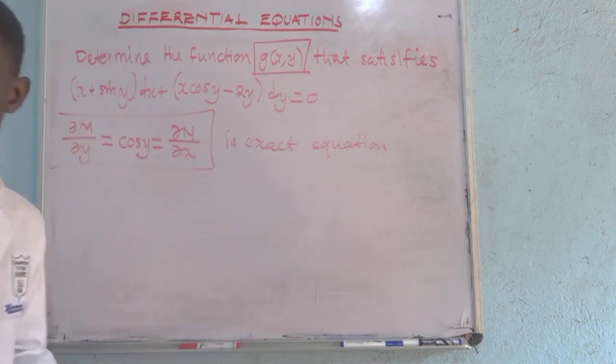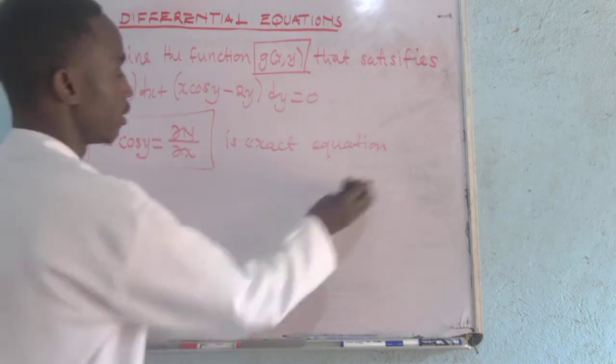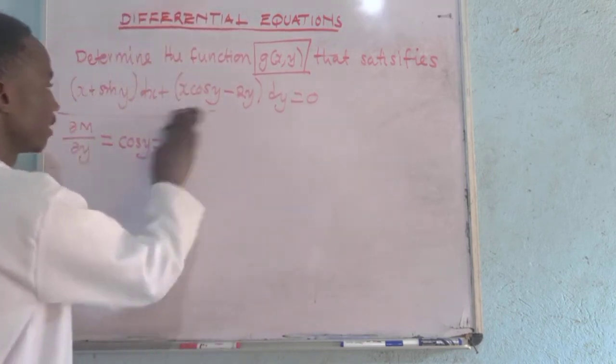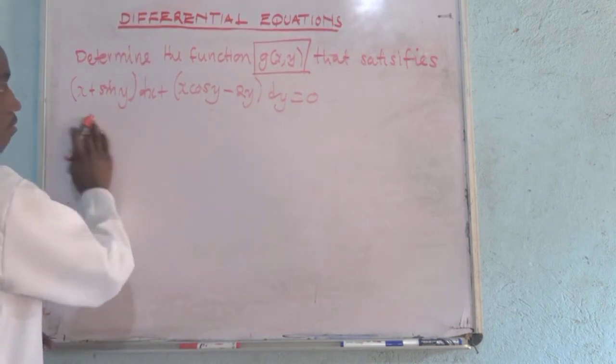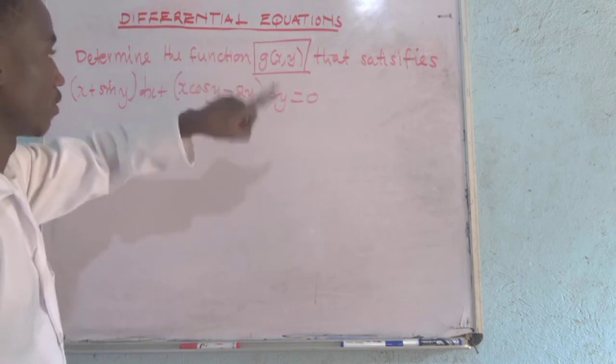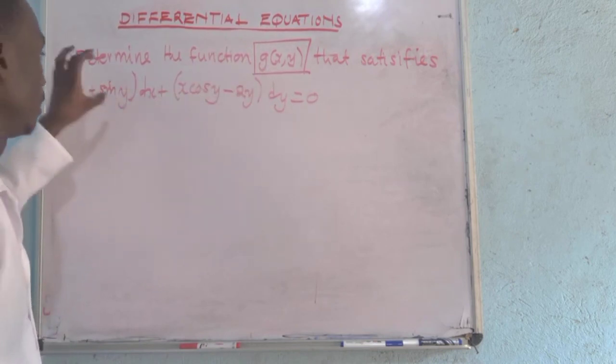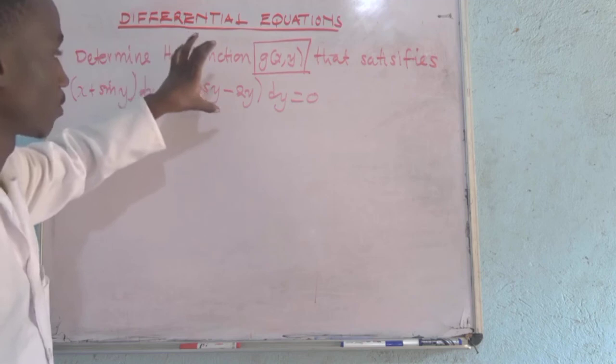So now from here, we can proceed to finding the solution to this equation. The same thing applies: to find the solution is as a result of the partial differentiation of this one and also that one.